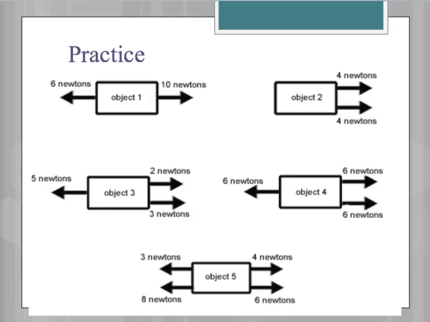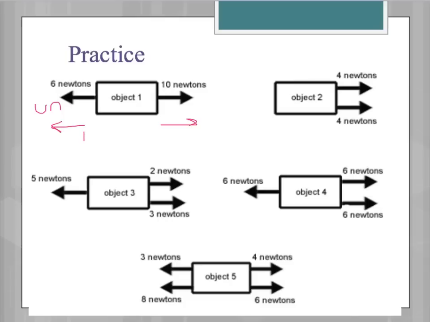So this very first picture is an object, and you've got two pulling against it, and you should notice that these forces are not equal, so it would be unbalanced. And so if I've got 6 going towards the negative end, if we had a number line, and then 10 going in this opposite direction, again, when they're working in opposite directions, we find the difference.